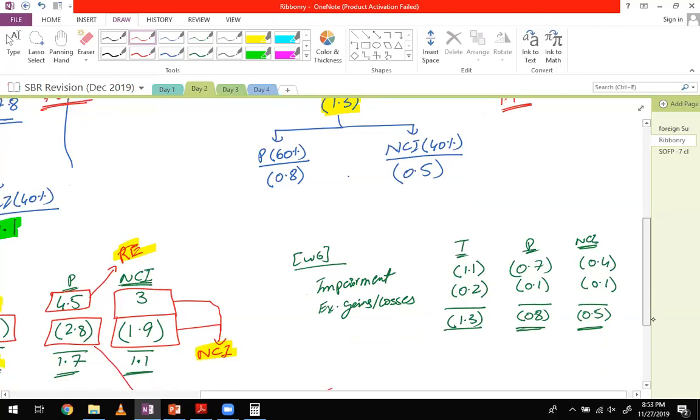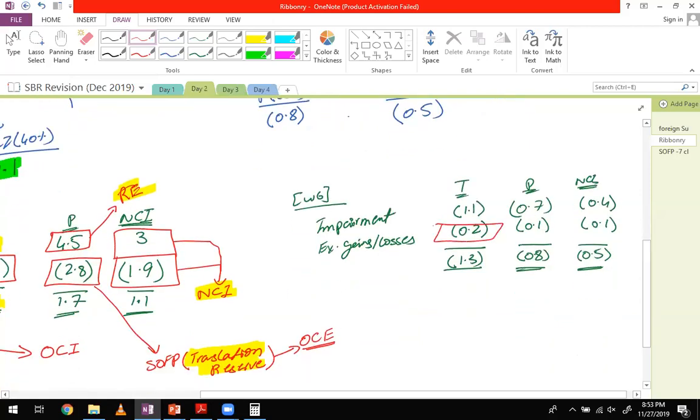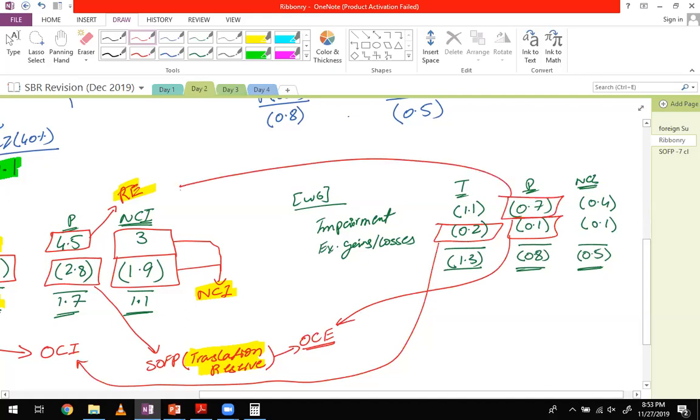And again, 0.2 is the value that will go to the OCI. 0.1 is the value that will go to the OCE. 0.7 is the value that will go to retained earning. And both of these values will go to the NCI. So that's a similar working that we just did for working number 1. We did a similar working for the working 2 as well.